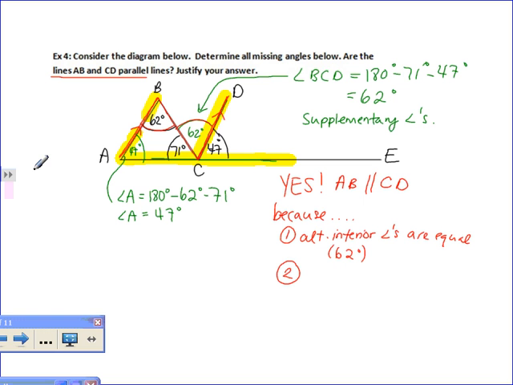So corresponding angles are equal as well. So my corresponding angles are equal to 47 degrees, and that is also a proof that these two lines are parallel. Great. That ends today's first part of this lesson.